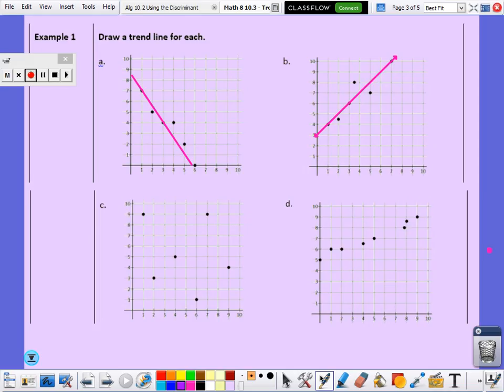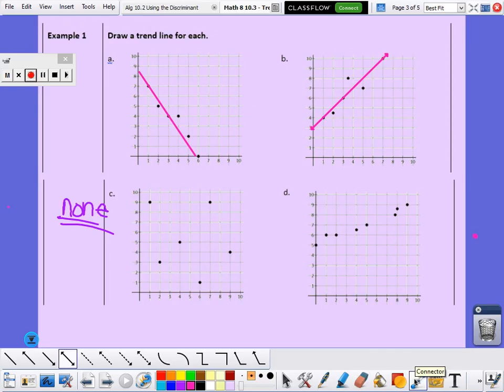So for C, it looks like somebody just sneezed on that paper. You've got 1, 2, 3, 4, 5, 6 points, and there's no relationship at all. So you can't even try to draw a trend line because the data is not trending upwards, not trending downwards. There is no trend line. So if you wrote one, erase it and write none. Sometimes we can't approximate something without a linear relationship.